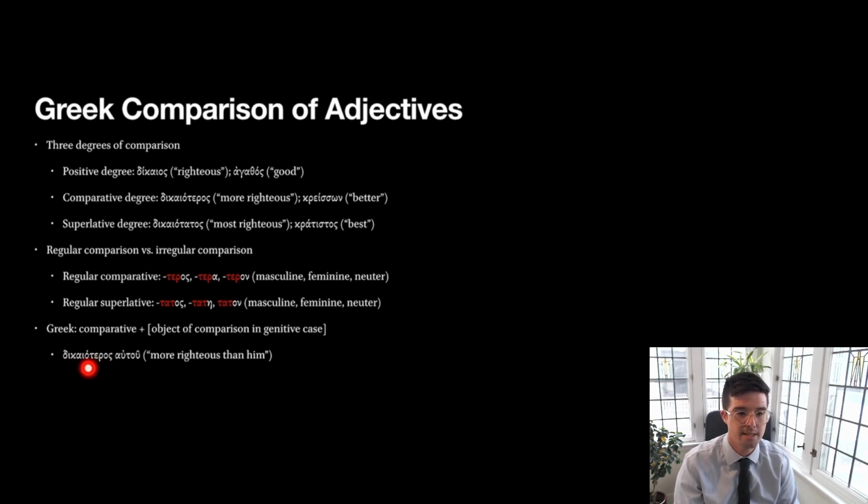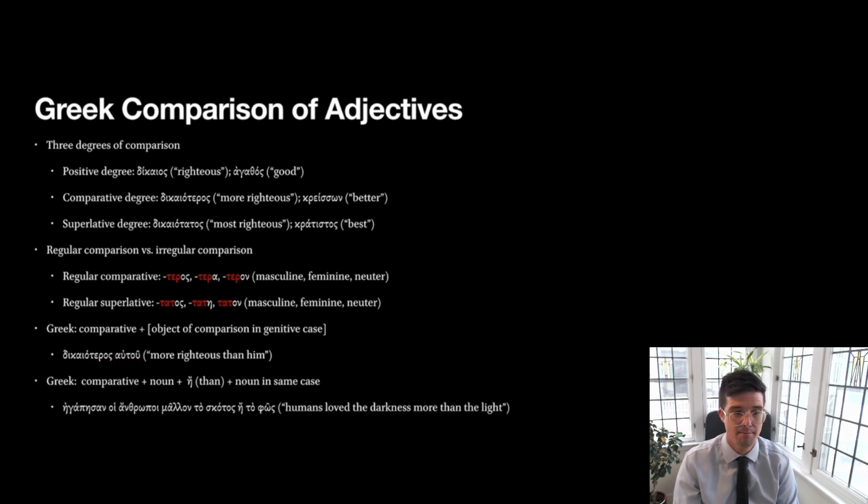Dikaiateros means more righteous. This is the comparative form of the adjective dikaios in the nominative masculine singular. When we see a genitive, we normally default to "of him," more righteous of him, but that of course doesn't make sense. The genitive is here because it's the object of comparison. So we translate that with the English than: more righteous than him.